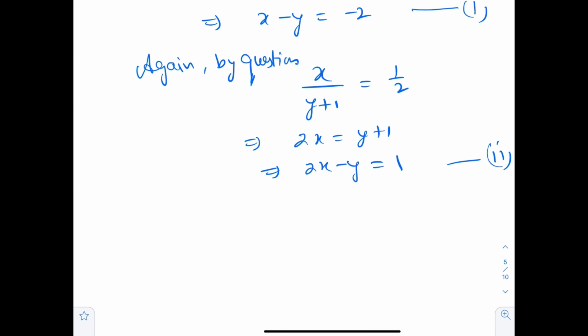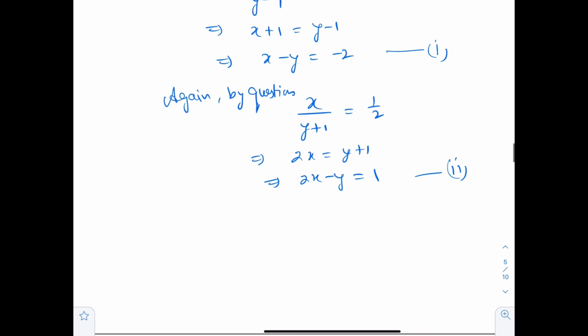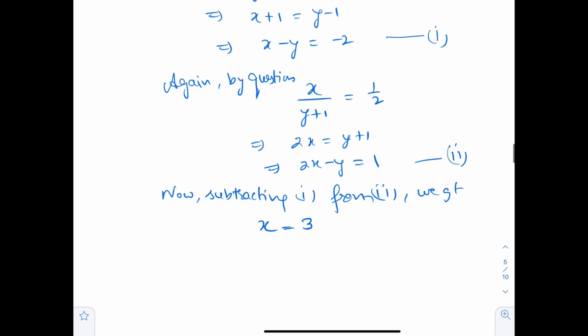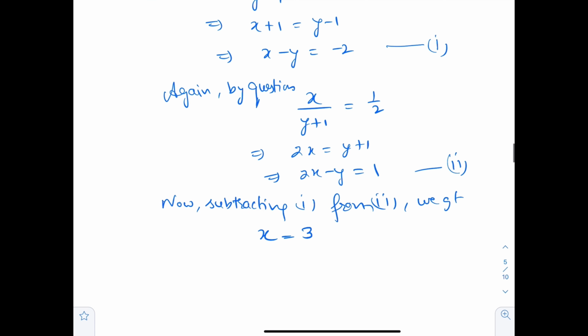Now subtracting equation number 1 from equation number 2, we get x equal to 3.